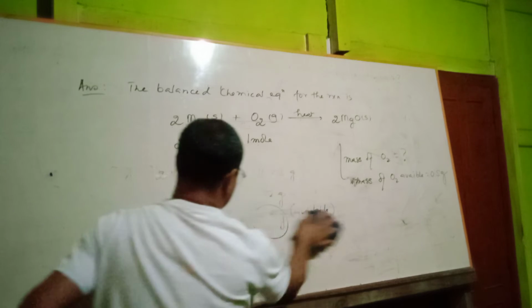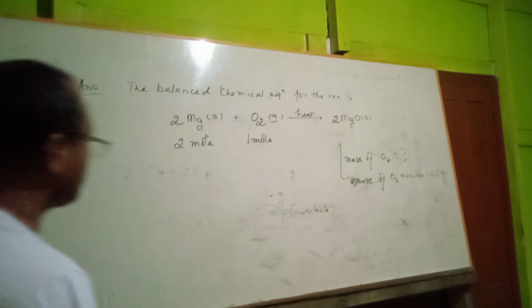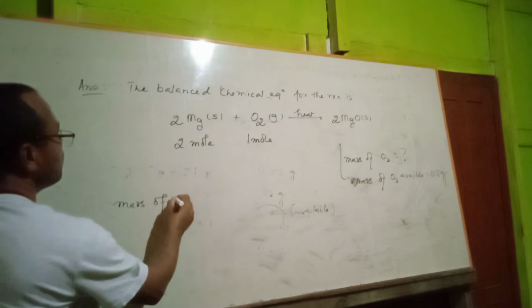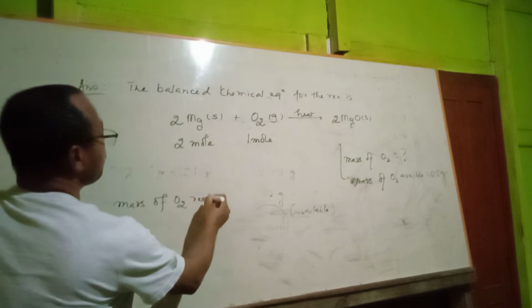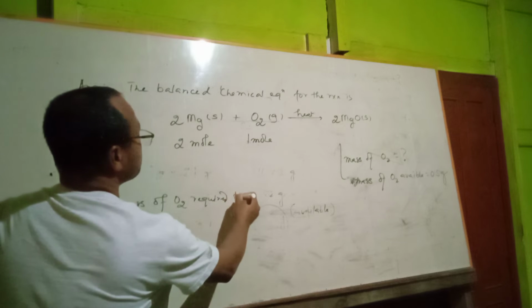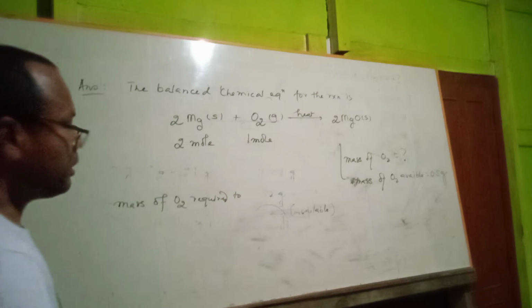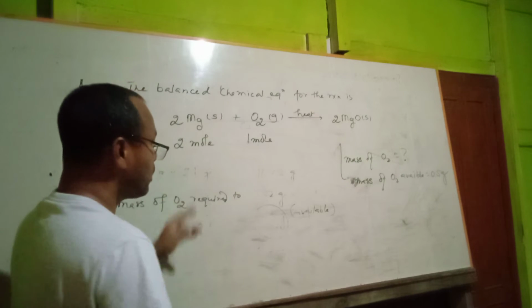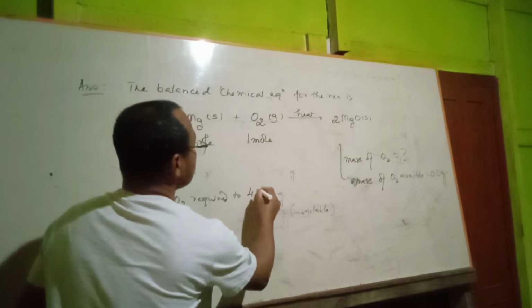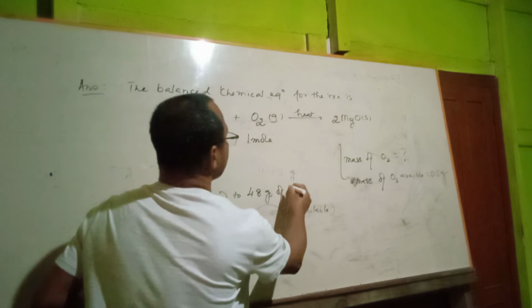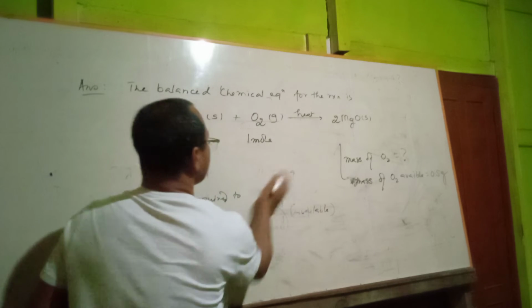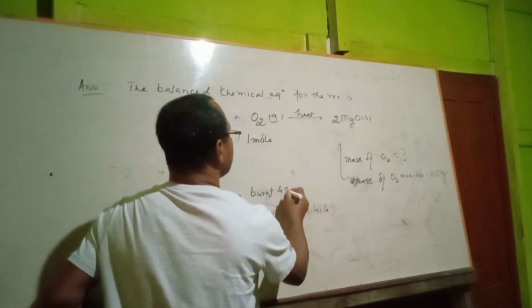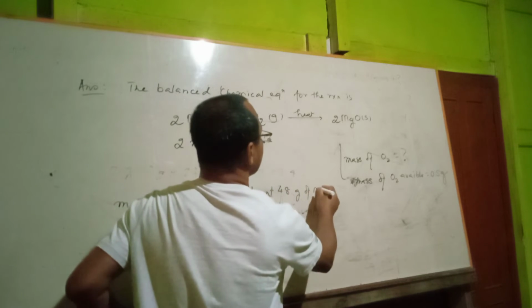It is simple. Let me write the mass of oxygen required to burn 48 gram of magnesium.